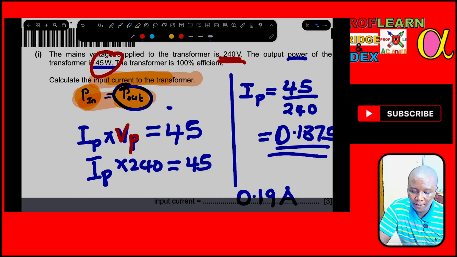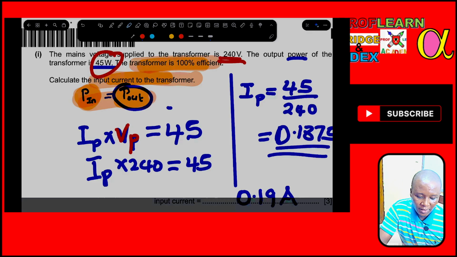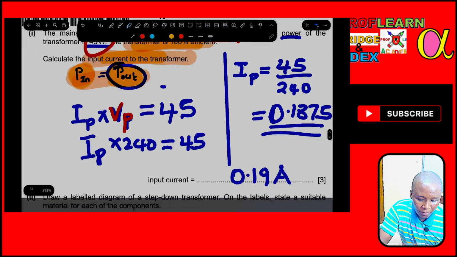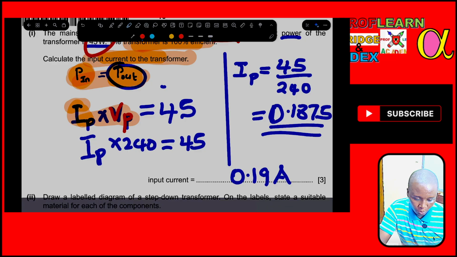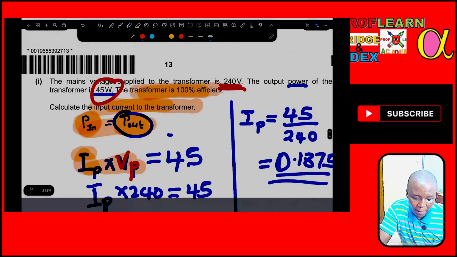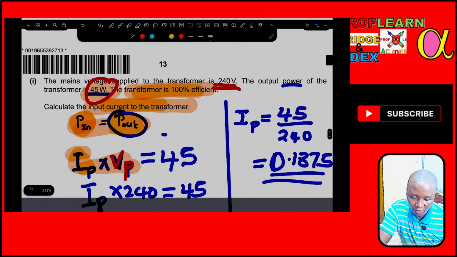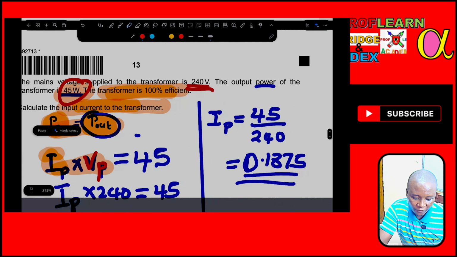So in that way, we are going to say that power in, which is current in the primary coil times voltage in the primary coil, should be equal to power output, because we are given the power output of the transformer as 45 watts.